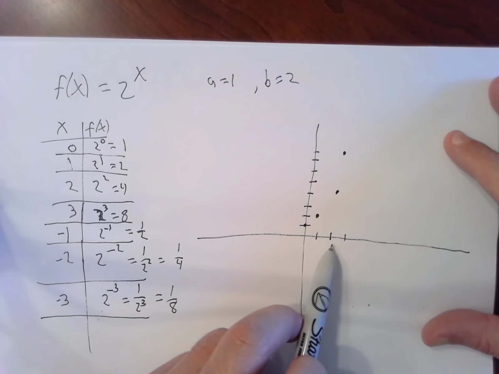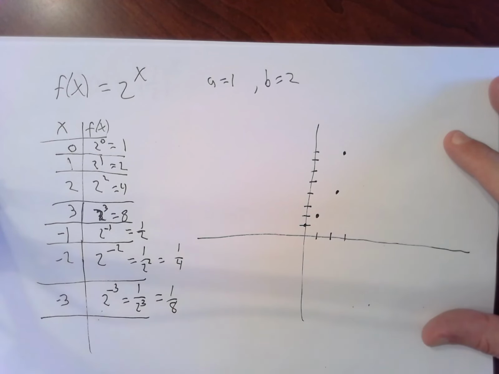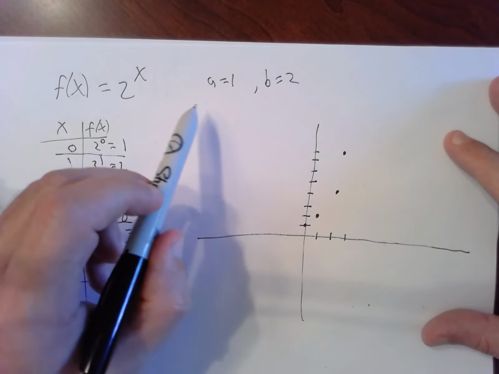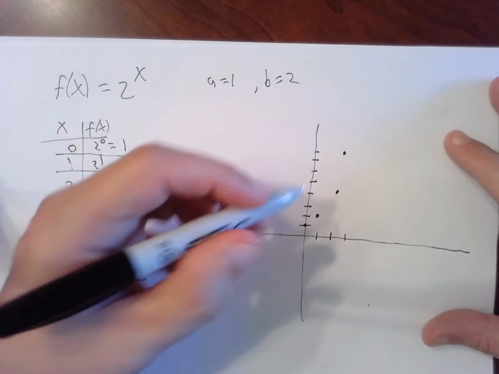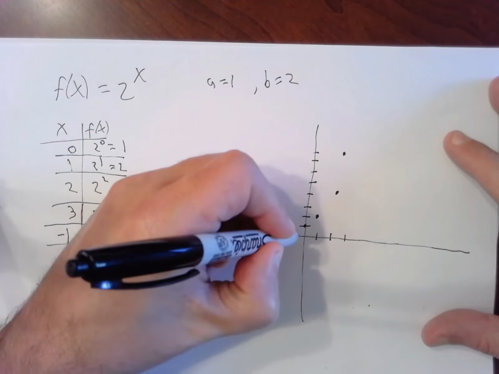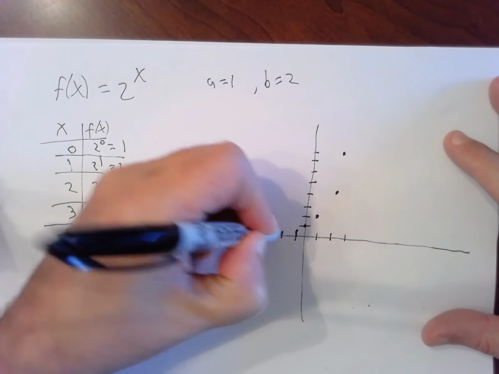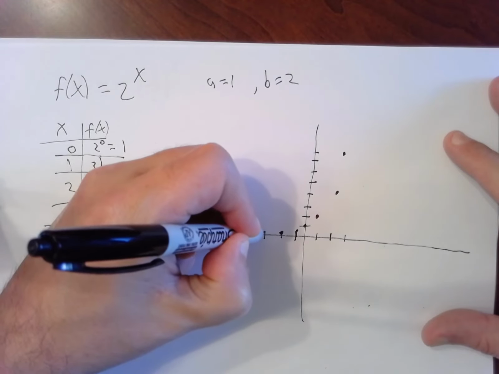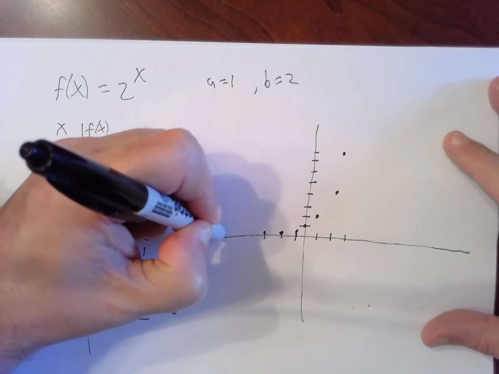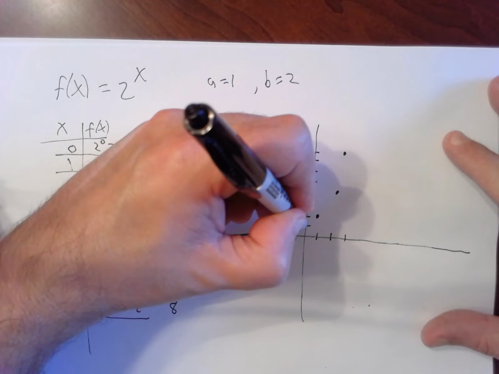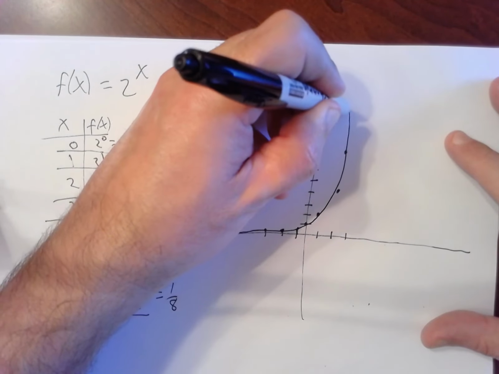Notice every time I go over 1, I double the output because that's the function. And then going backwards, we just kind of have to eyeball these. We get a half at negative 1, a quarter at negative 2, an eighth at negative 3. We get some graph that looks roughly like that.